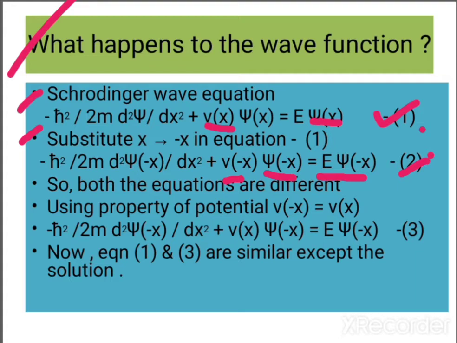So we will use the property of potential that in any potential V(-x) is equal to V(x). We will use this value in the above equation, and the new equation will become minus h cut square over 2m d square psi(-x) over dx square plus V(x) instead of V(-x), using the property, psi(-x) is equal to E psi(-x).